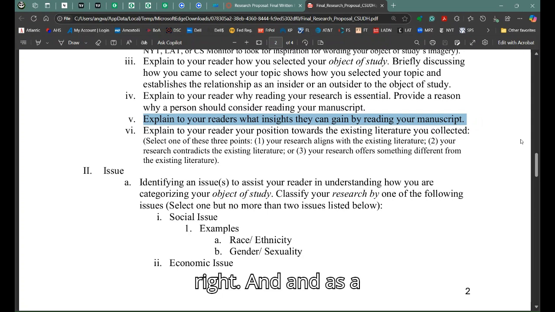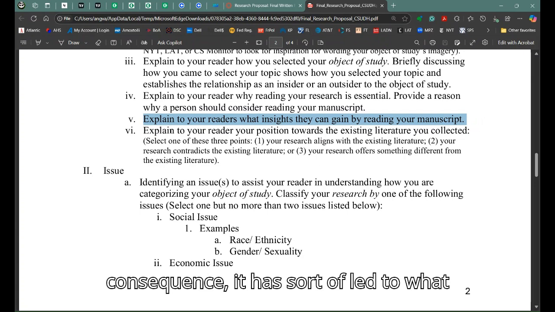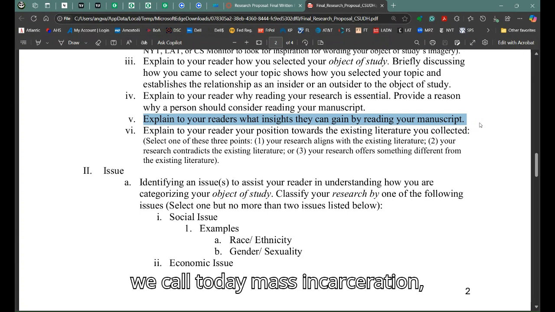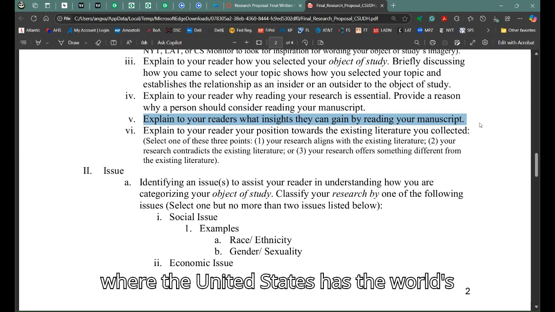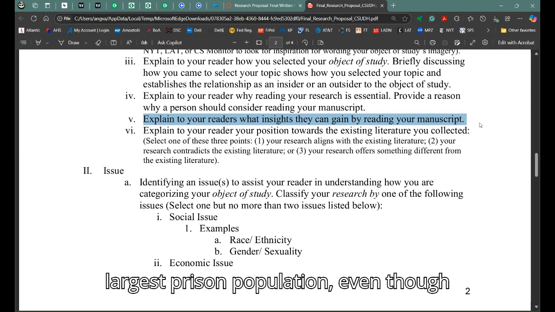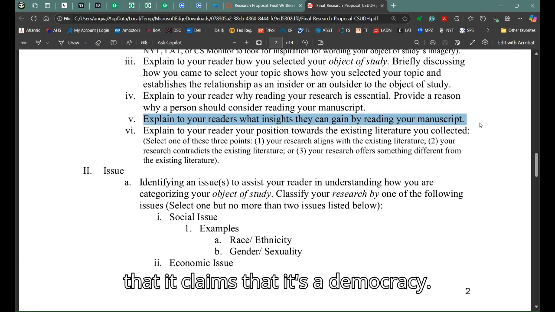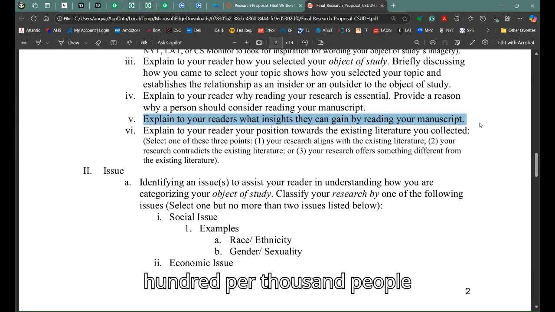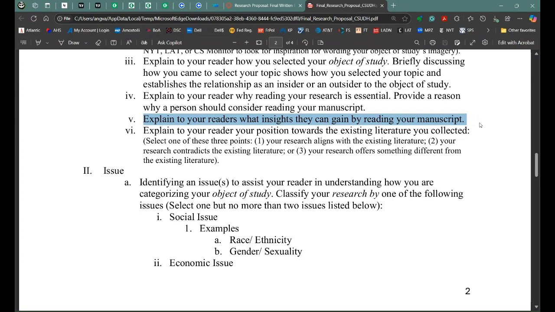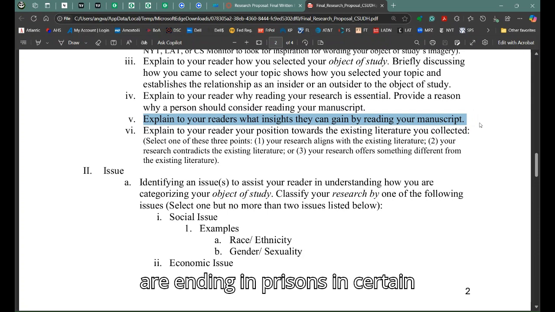As a consequence, it has led to what we call today mass incarceration, where the United States has the world's largest prison population, even though it claims that it's a democracy, and how many per thousand people are ending up in prisons in certain countries.